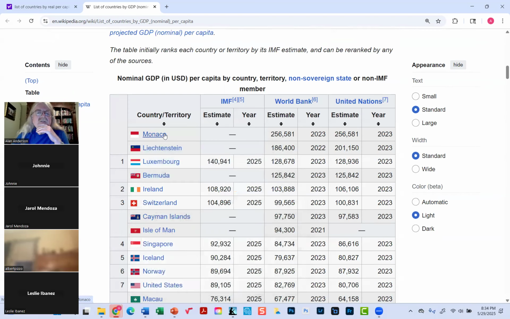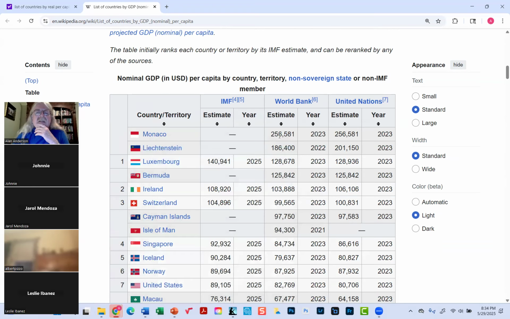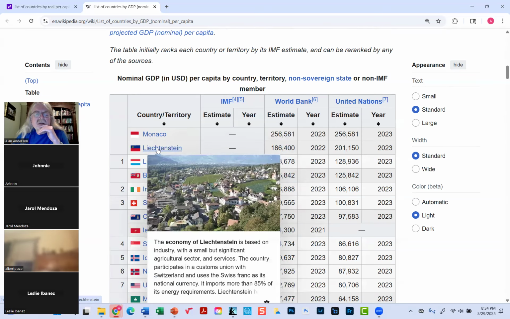Because it's such a small country, and because they bring in so much money from France and other countries, it stands to reason that while their total economy is not very large, on a per capita basis, it's enormous. Look at that, $256,000 a year. Liechtenstein, the same thing. Their economy is heavily based on services like insurance and banking. It's a very wealthy country, considering how small it is.